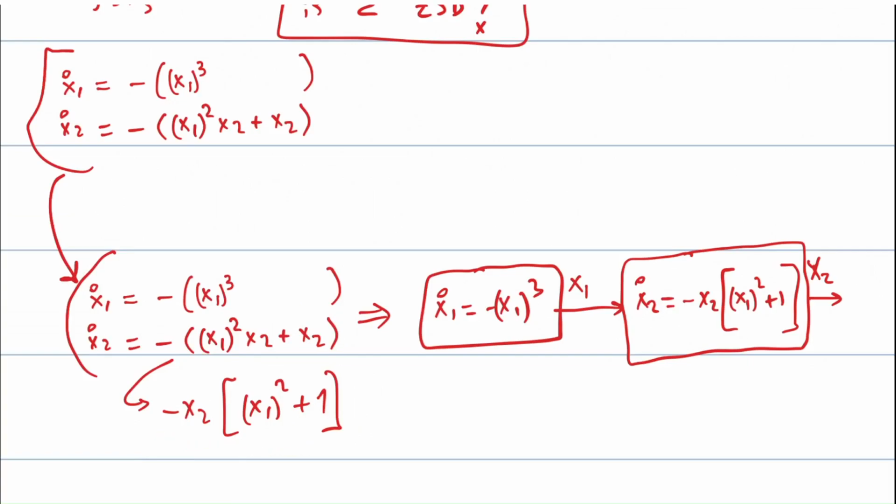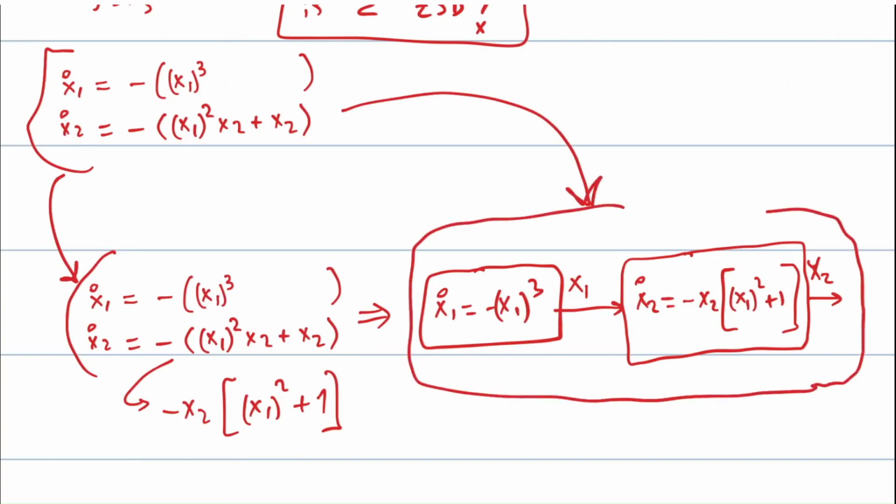You can consider this system as this system. Maybe that would make things a little bit more clear. Here we can see this part is clearly globally asymptotically stable, and you can say that this is a driven system and this is the driving system.